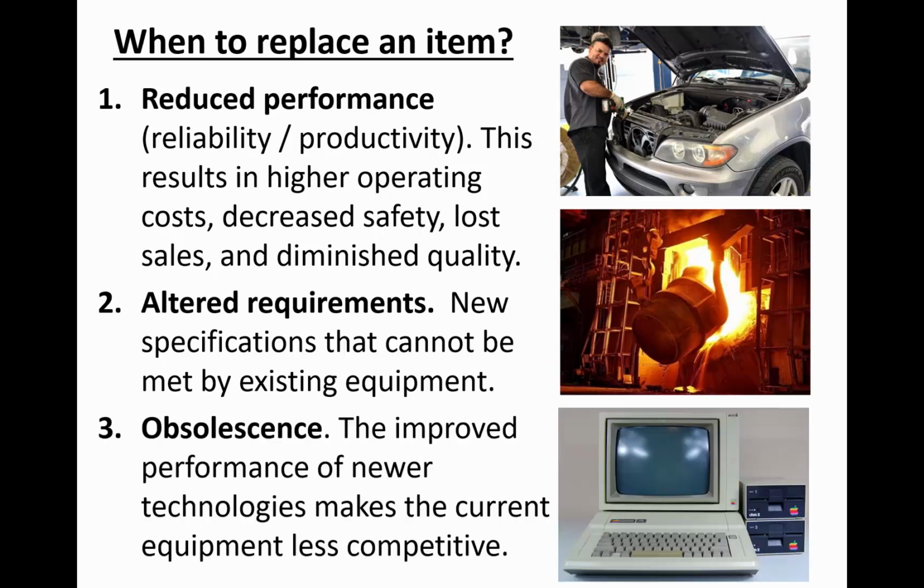And a third possibility could be maybe the item is still operating the same way as it always did, and maybe it's not necessarily that the requirements have changed, but sometimes equipment just becomes obsolete because other similar equipment is so much more sophisticated and advanced. So you could still type a paper, for example, on an old Apple IIe computer.